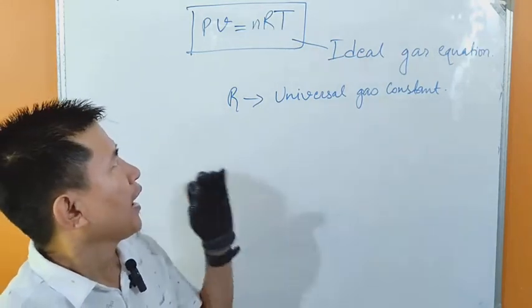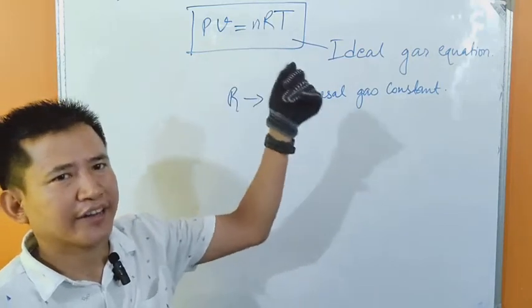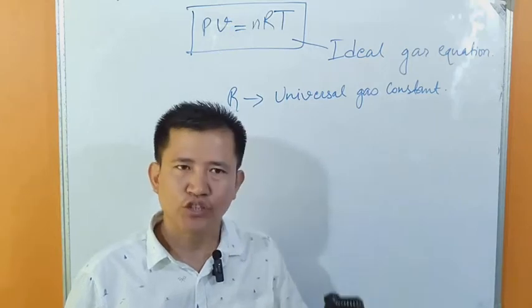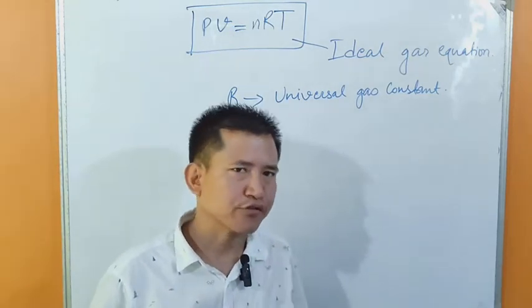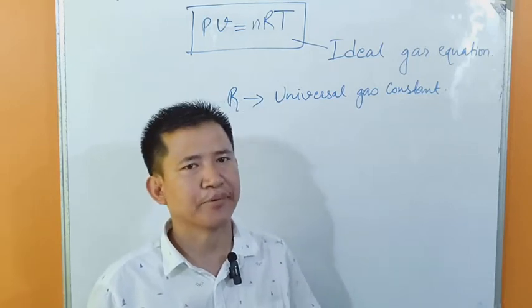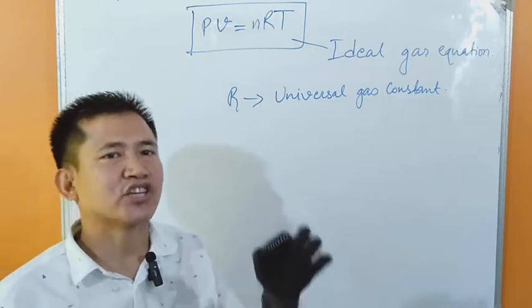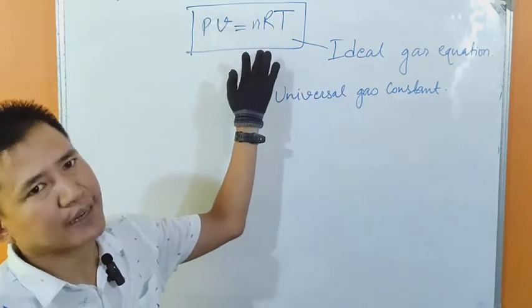Okay, any gas which follows this equation is called ideal gas. We have seen that the gas which follows Boyle's law, Charles' law and Avogadro's law at all temperature and pressure is called ideal gas. So this equation is the combined form of Boyle's law, Charles' law and Avogadro's law.